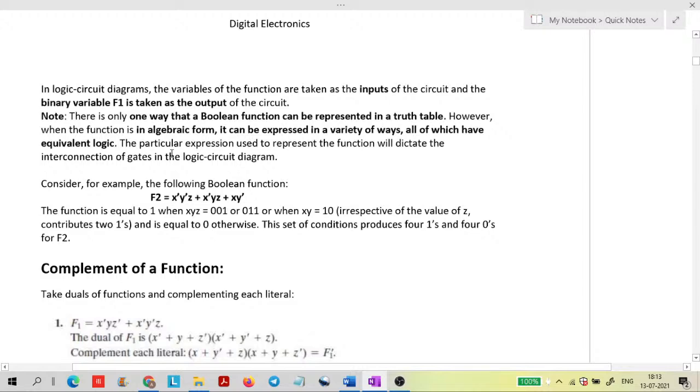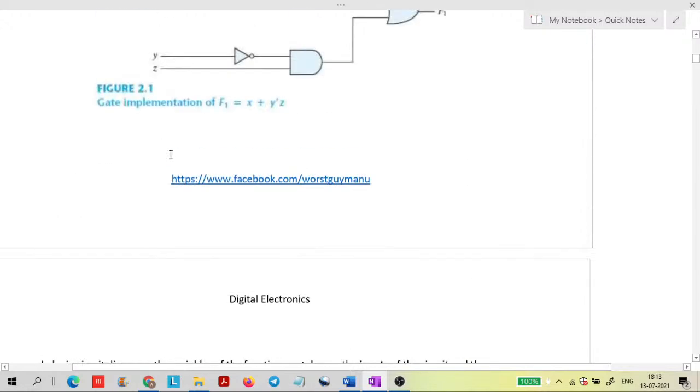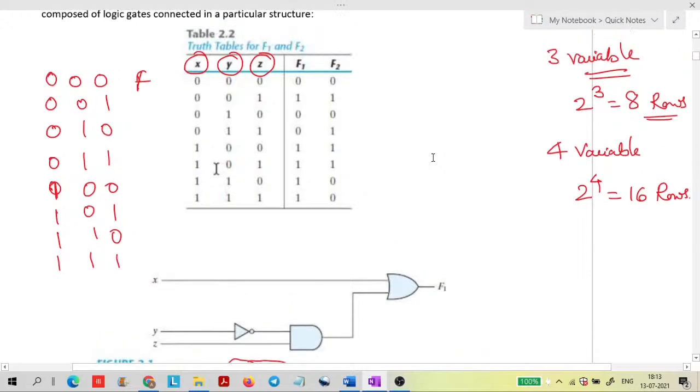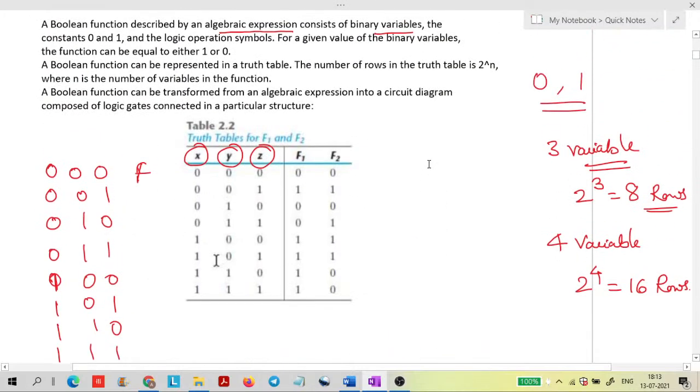Okay, here the functions f1 and f2. Here f1 is the function x plus y bar into z. So what is x? x is 0 here. In this case, 0 plus y bar means 1, z is 0, so 0 only.